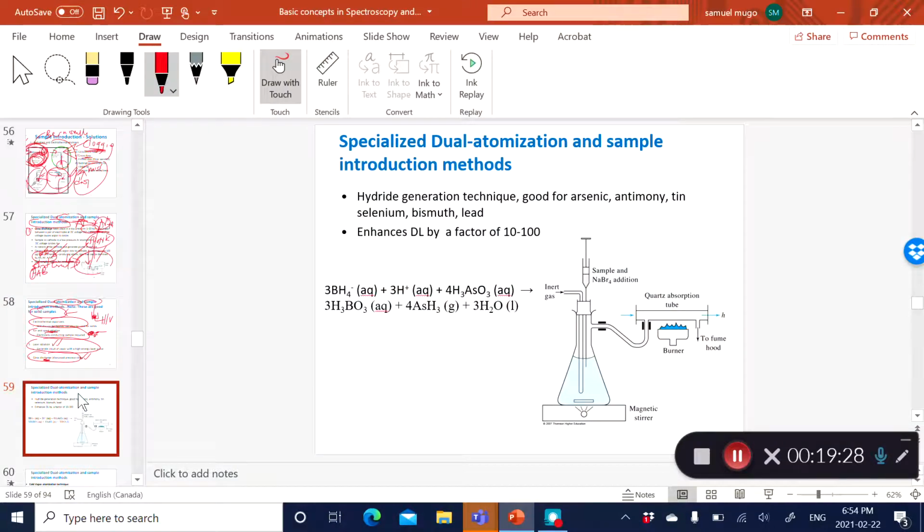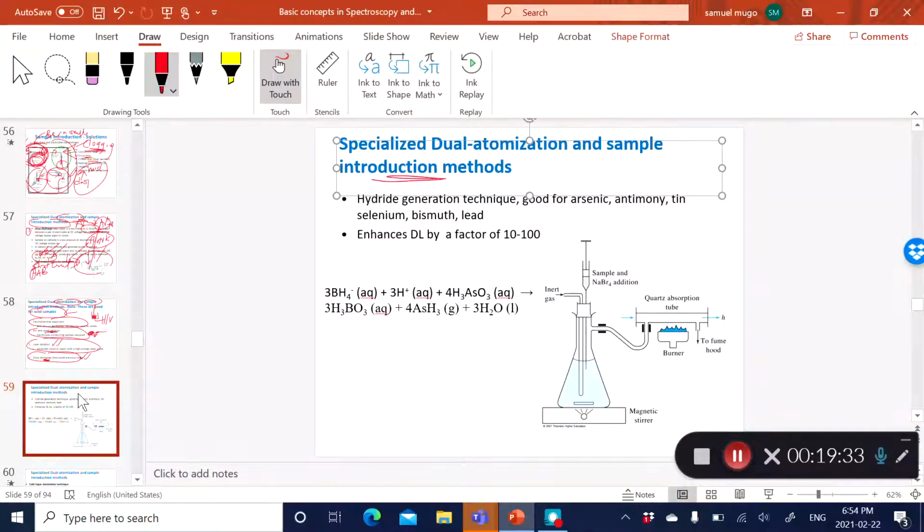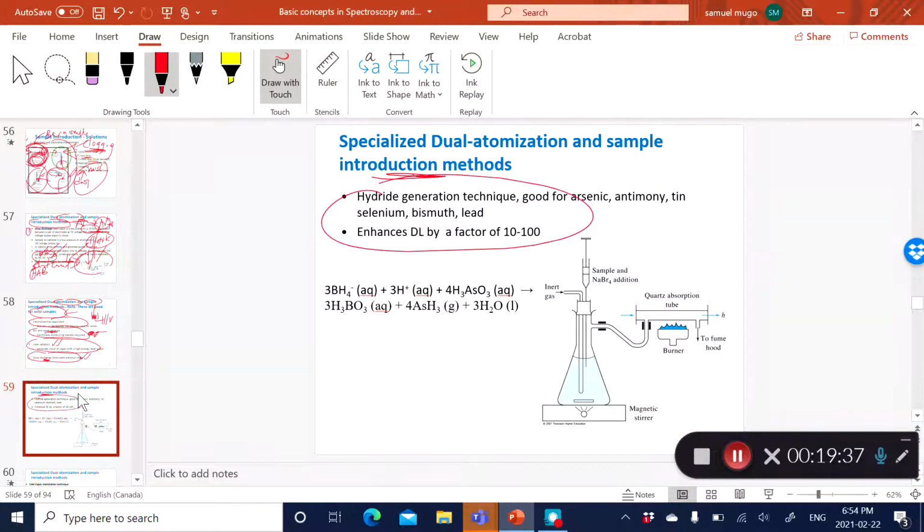Another very specialized type of atomizer, which equally can work as a sample introduction method, is the hydride generation technique. This one is very specific for certain types of elements that react with sodium borohydride in the presence of an acid to create volatile hydrides.